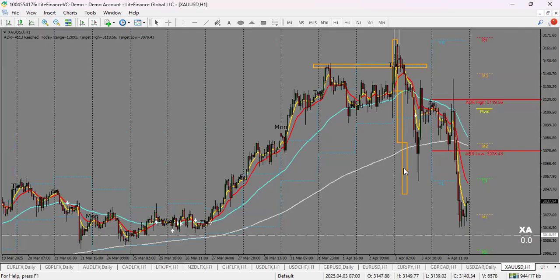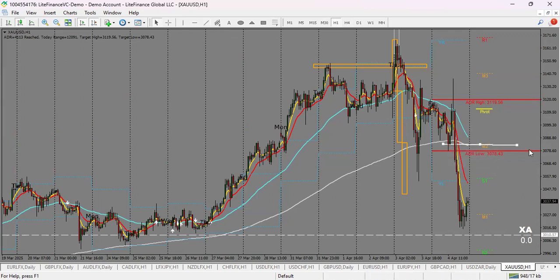So we have completed 3 times ADR, but we have not completed our 3 levels, and we have not reached our target price down here.